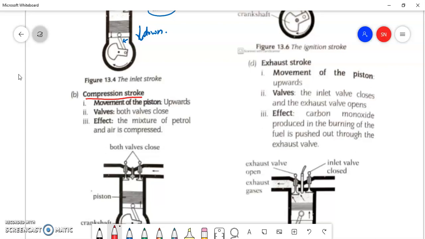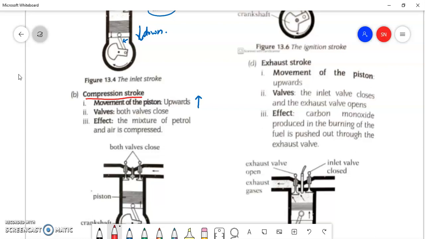First we talked about inlet, second we talk about compression stroke. Now the movement of piston: if the inlet stroke just now was downwards, the movement of piston here is upwards. So easy to remember, down, up, and then down again, up again. That's the 4 strokes.